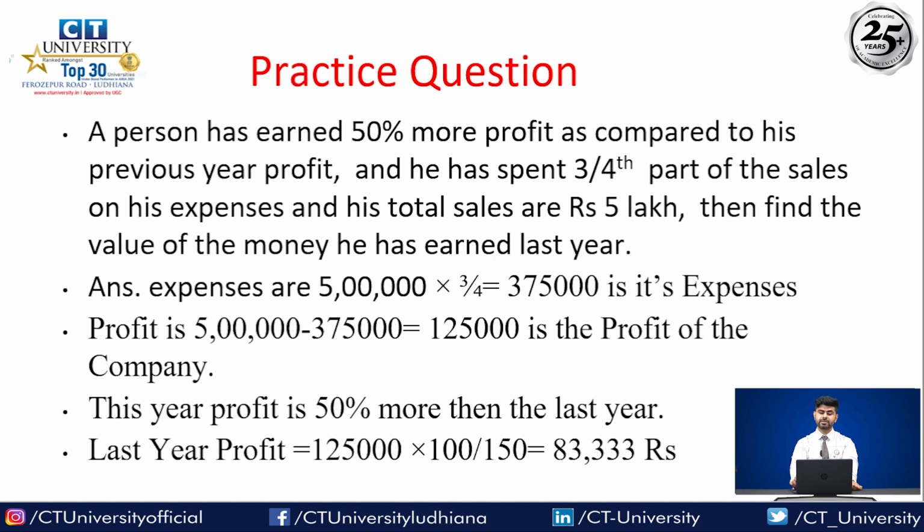Now you must wonder why I put 150 in the denominator and 100 in the numerator. Because when we have to calculate a value which is already included in another value, for example, if I have to calculate the previous year's profit from this year's profit, and this year's profit is 50% more than last year's profit, it means 50% is already included, so this year's profit is 150% of last year's profit. Do I get my point?